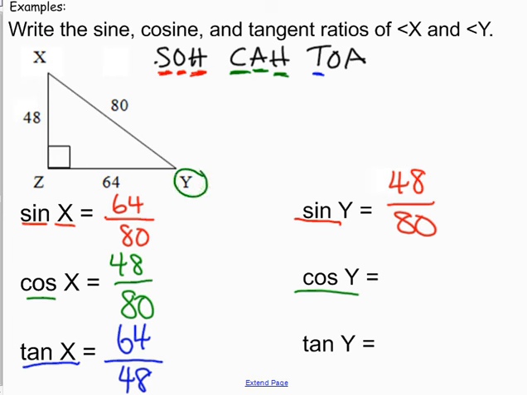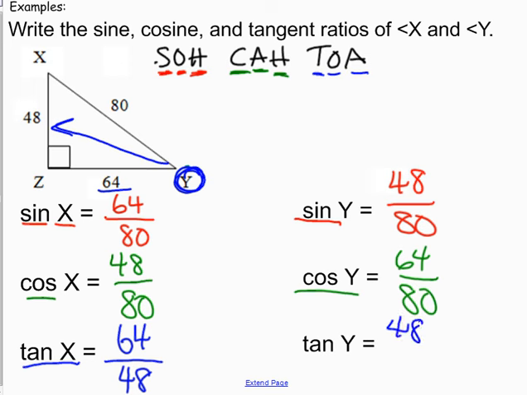Cosine is adjacent leg over the hypotenuse. Well, this is the adjacent leg, 64, over the hypotenuse. The hypotenuse is right here, 80. Finally, we're going to do the tangent. Tangent of y, opposite over adjacent. What is that, 64?